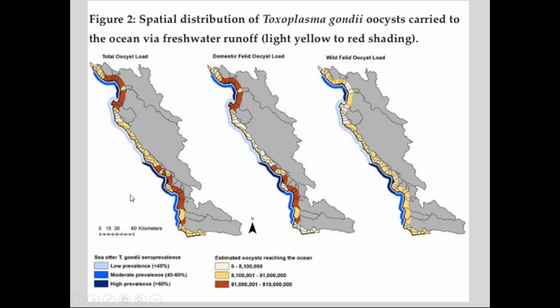And so areas where there was high seroprevalence in sea otters for Toxoplasma, that corresponded well with the estimated numbers of oocysts reaching the ocean in this model.